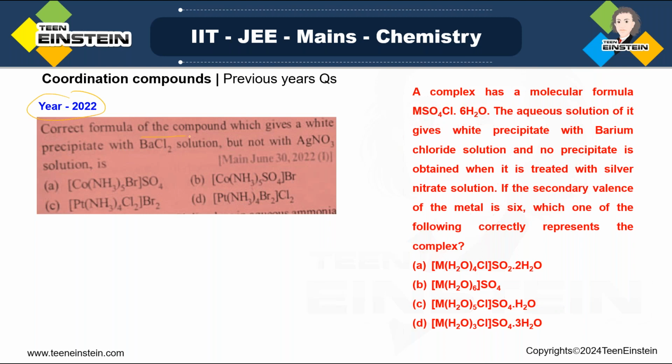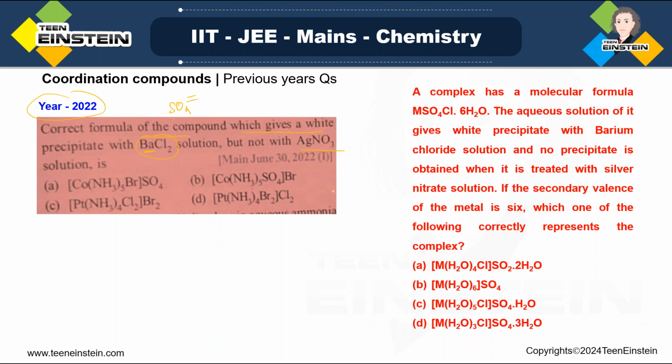The first question is: the correct formula of the compound which gives a white precipitate with barium chloride solution. That means barium chloride reacts with what? Barium reacts with the sulfate ion. So if there is free sulfate ion, there will be a BaSO4 precipitate. BaSO4 is highly insoluble, so precipitation is possible.